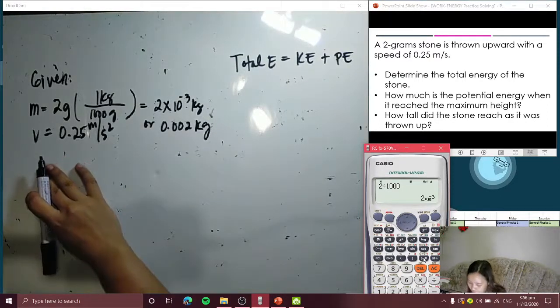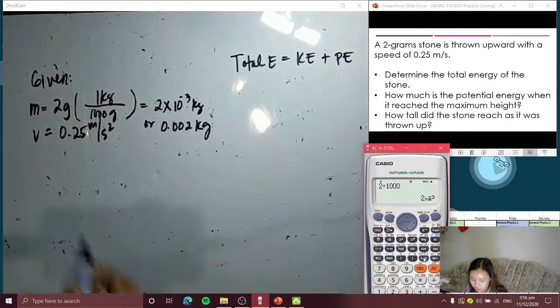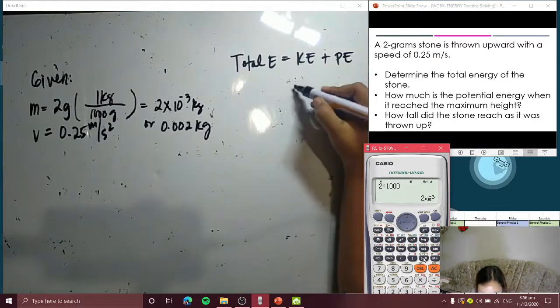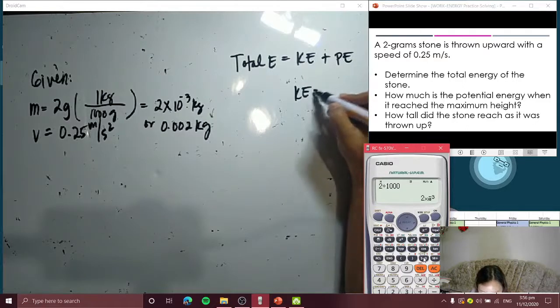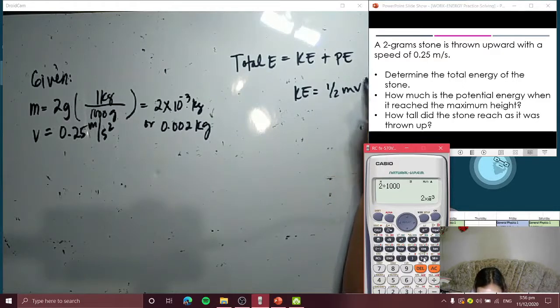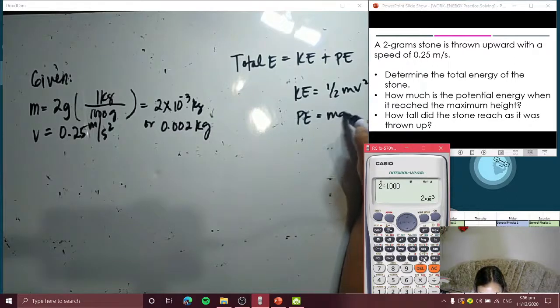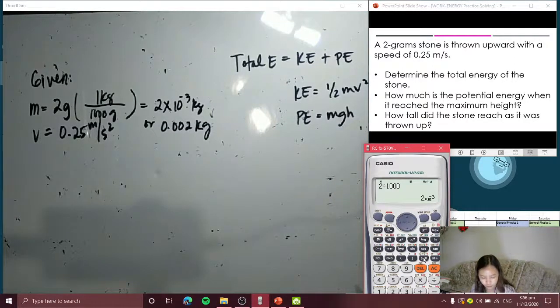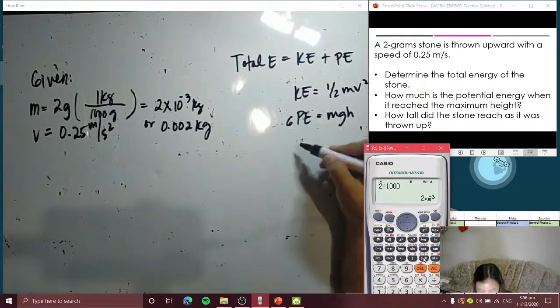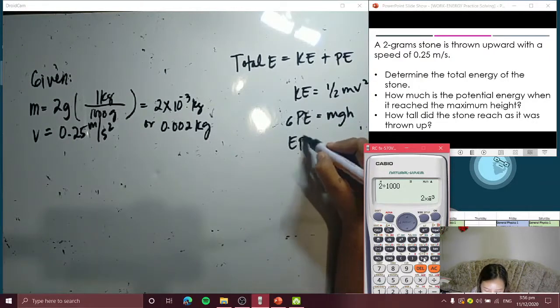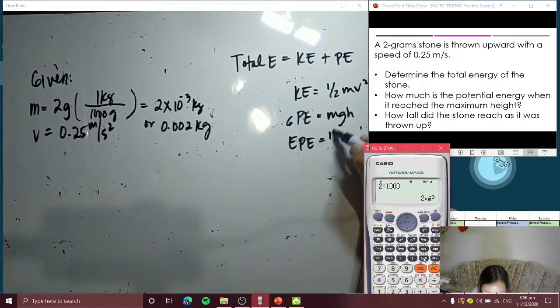Ang aton diri nga given is mass and velocity, mabalik kita sa aton yung mga equation. Isa-isahon ta ni sila. So, KE is equal to 1/2 mv squared. And then, PE is equal to mgh. Okay, so butang tada GPE para to be specific lang. Ang EPE is equals to 1/2 kd squared.